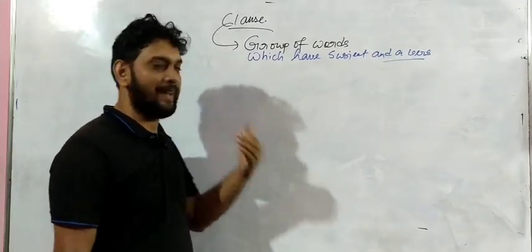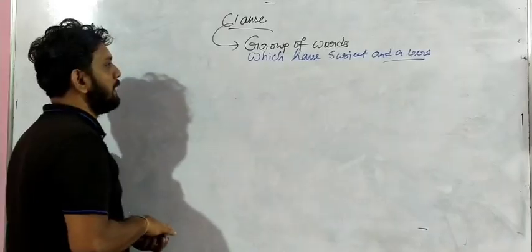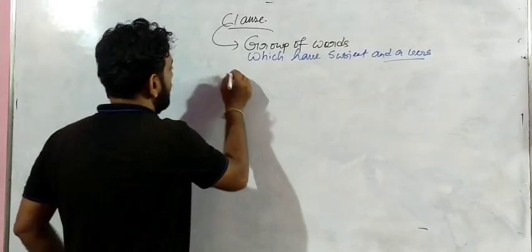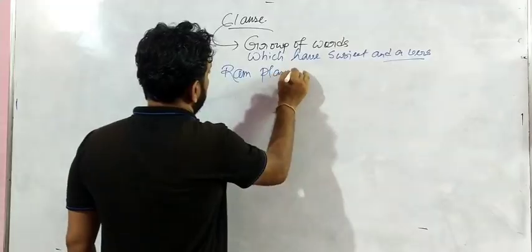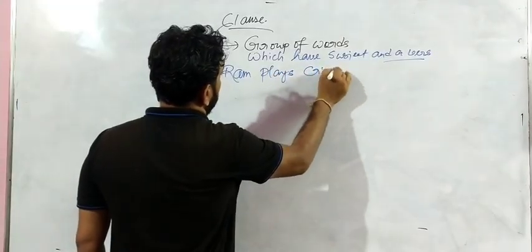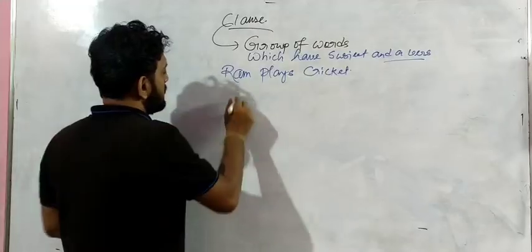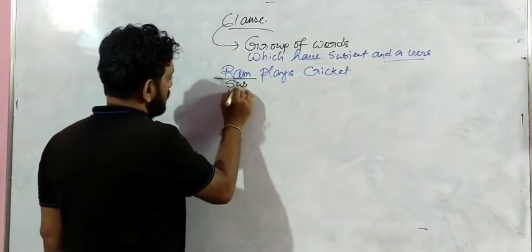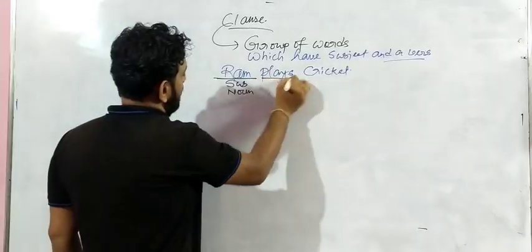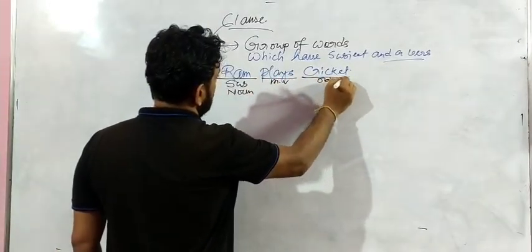Let me give you an example so that you can understand it better. If I write Ram plays cricket, you can see very easily that the subject is Ram, who is also a noun. Plays is the main verb and cricket is the object of this sentence. Yes or no?